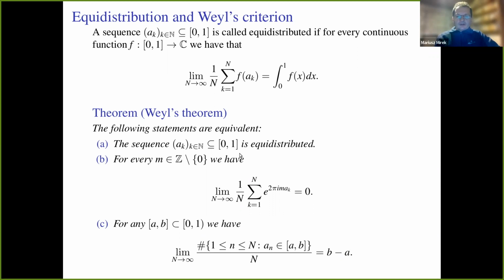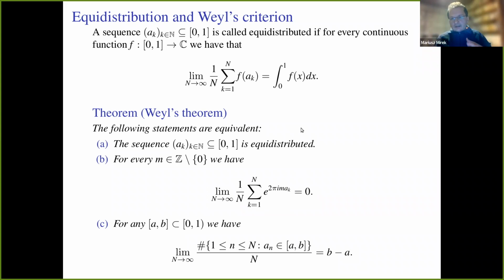a sequence is equidistributed if and only if the following averages converge to 0 for every non-zero integer. So in other words, we can think that this limit restricted to the Fourier characters is 0, because if we integrate the Fourier character whenever m is non-zero, then we see that this is 0.